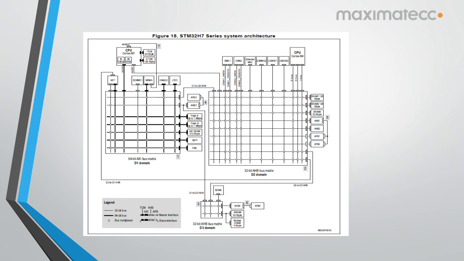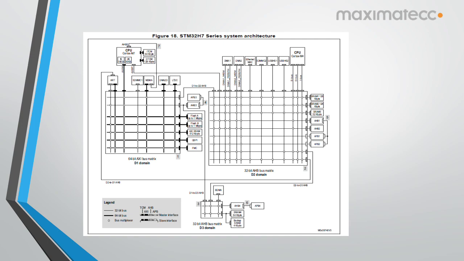And these are all the peripherals and flashes, FMC, Quad SPI support, AHB1, AHB2 support, SRAM of 128 and SRAM of 32 kilobytes, SRAM 1, 2 and 3.